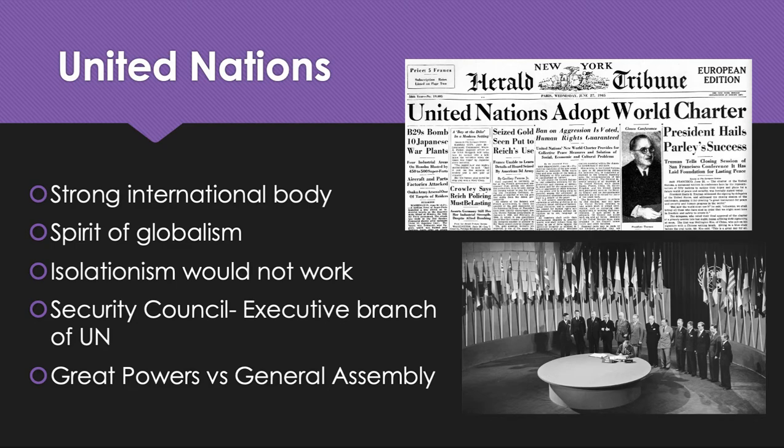When we get to the Cold War tensions, when we can't get all five of them to agree, we get into a stagnation here. Besides the great powers, there are going to be 10 seats that get elected by the General Assembly every 2 years.